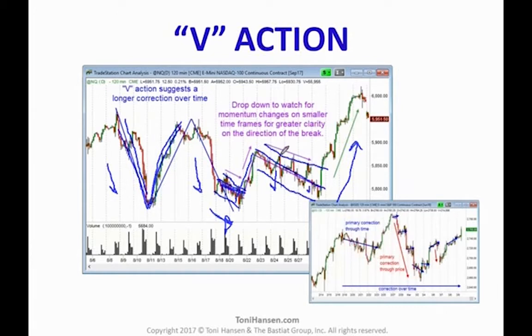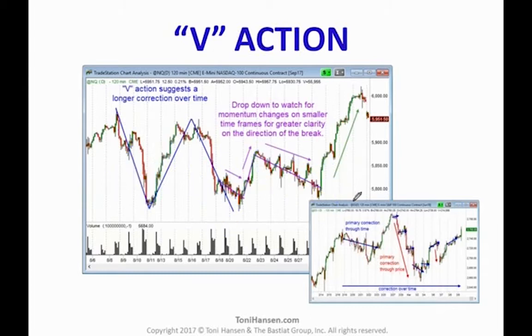What is important at this point though is what the overall channel is doing. If the overall channel is shifting momentum compared to what typical momentum action is, then there's going to be a higher probability that it is going to end up breaking out in the direction opposite the shift in momentum. That means if you have slow momentum on the downside, you're more likely to see that channel break on the upside.